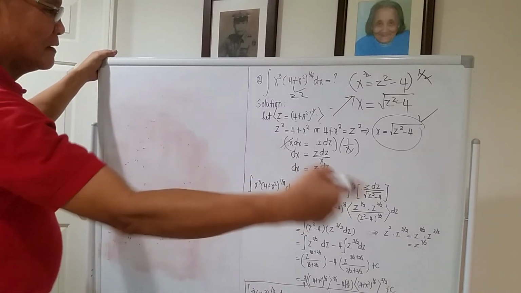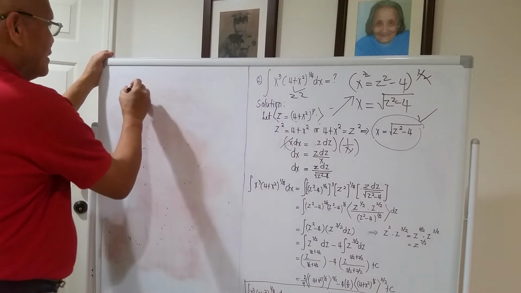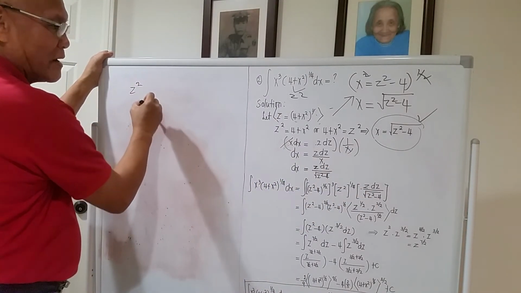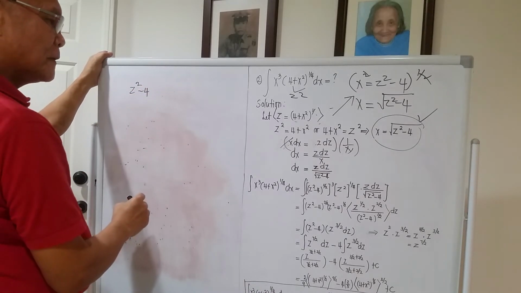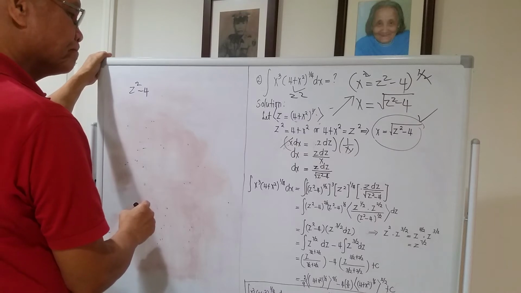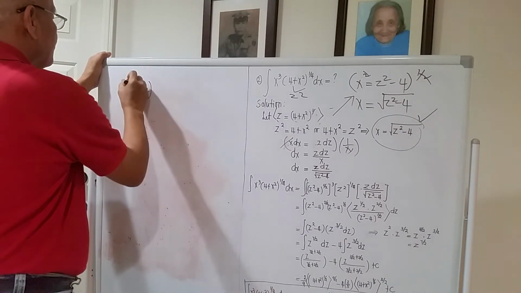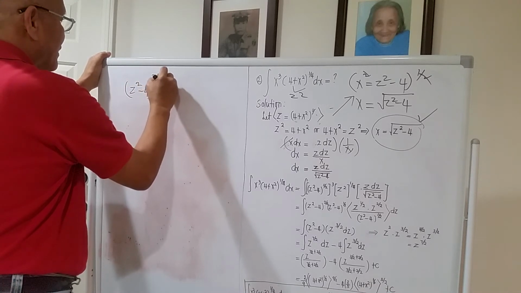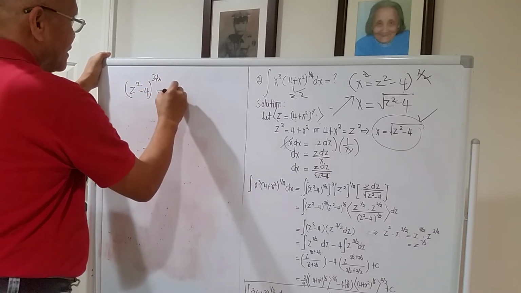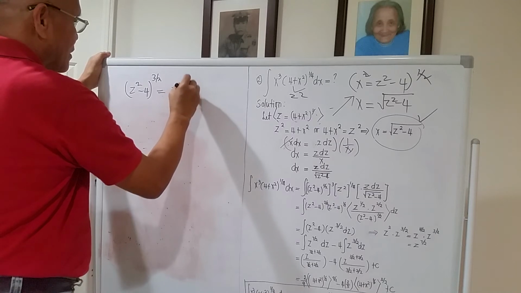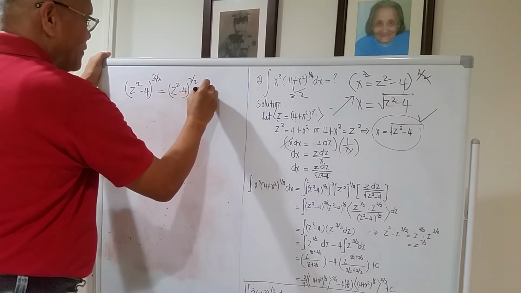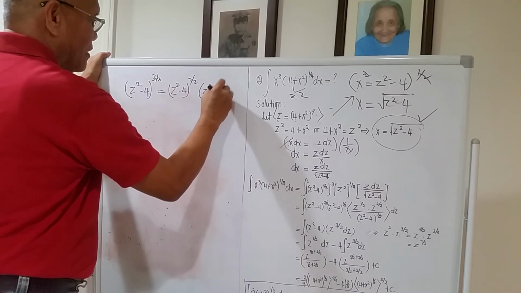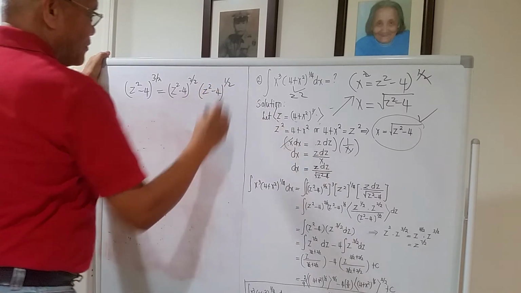Okay. Look at here, guys. z squared minus 4 to the 3/2 can be written as z squared minus 4 raised to the 2/2 multiplied by z squared minus 4 raised to the 1/2.